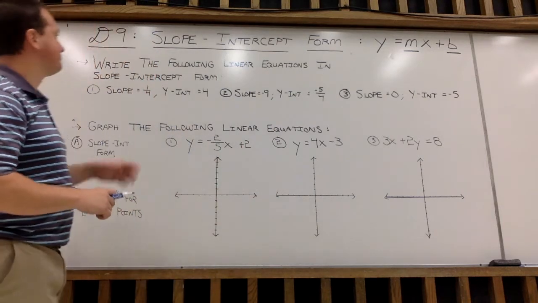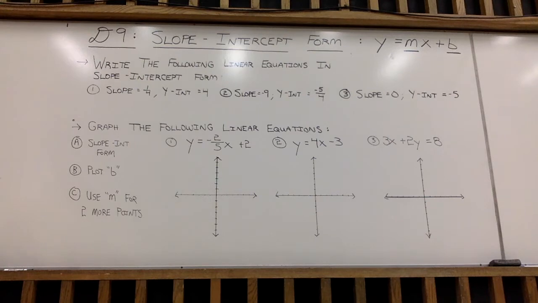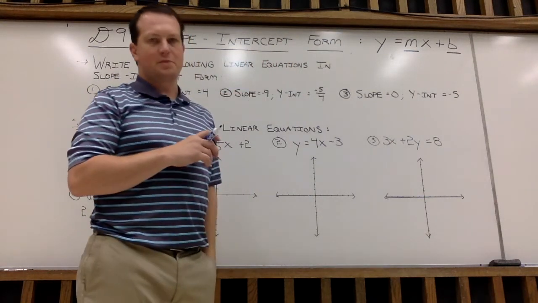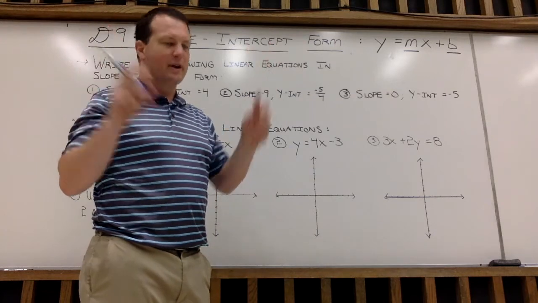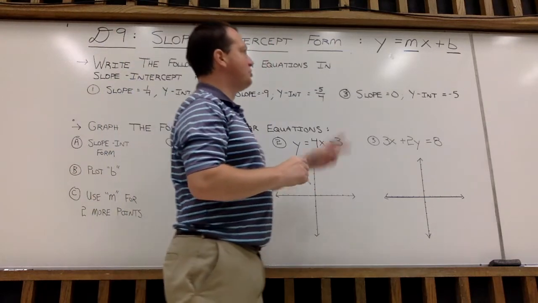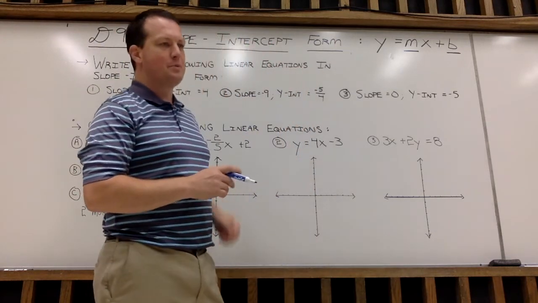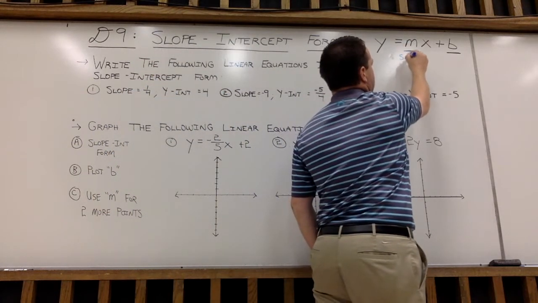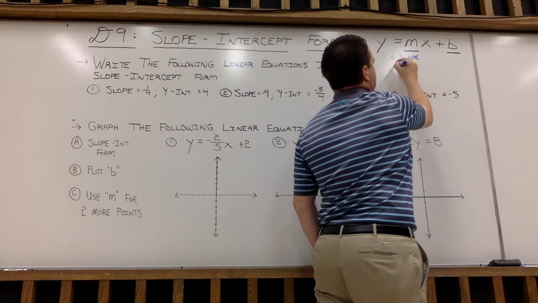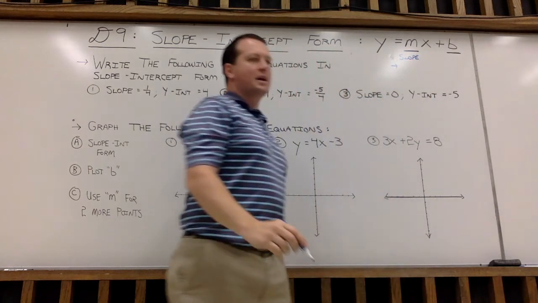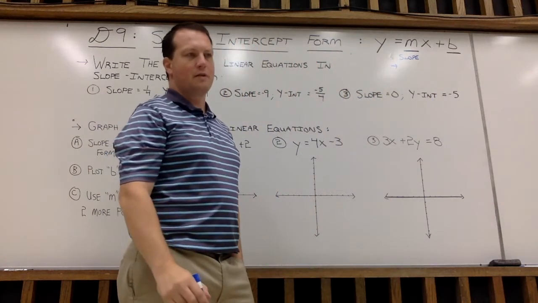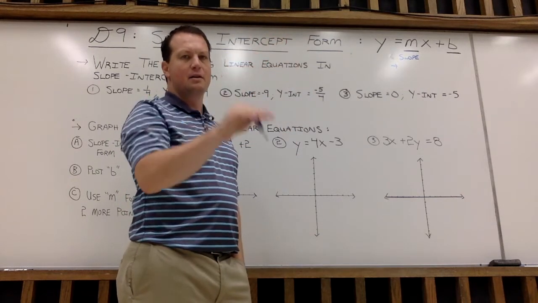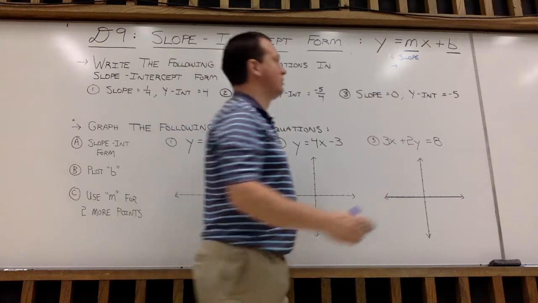I can help. So slope intercept form: y equals mx plus b is the generic format. The two key variables, m and b, have the following meanings. M is the slope of the line, and what we mean by slope, again, is the rise over the run, the change in your y, your up and down values, divided by the change in x, your horizontal change.